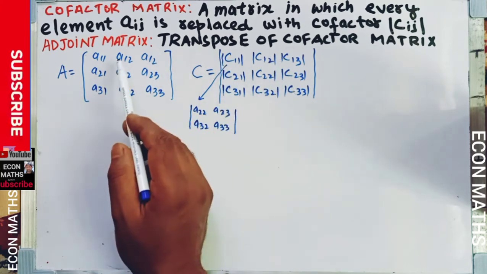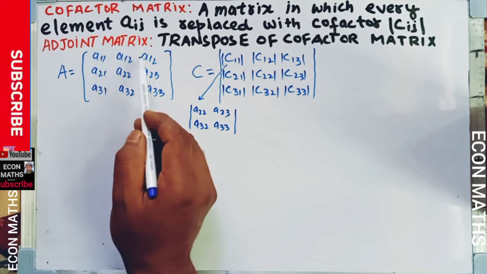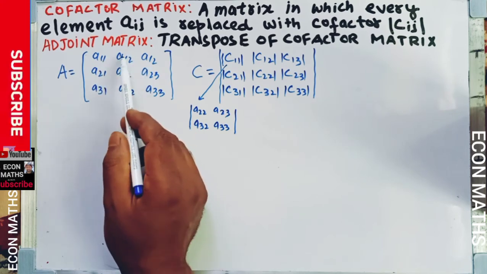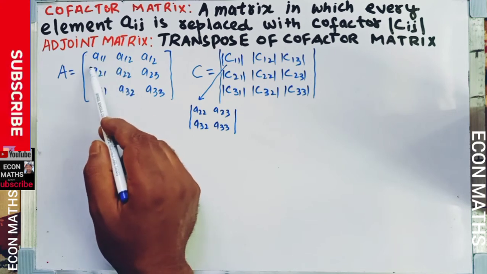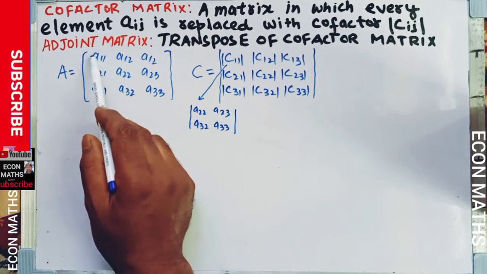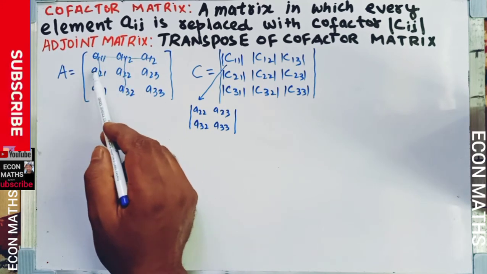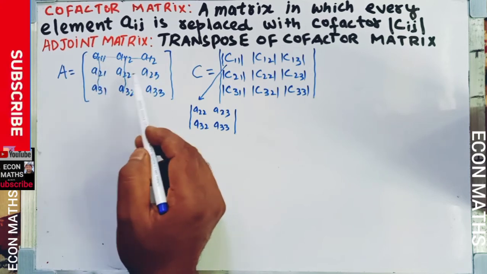Now the cofactor of A12 here is, we mentally delete the row and the column in which this element appears and form a new subdeterminant of the remaining elements. Now if we delete this row and this column, we are left with these elements 1, 2, 3, and 4.